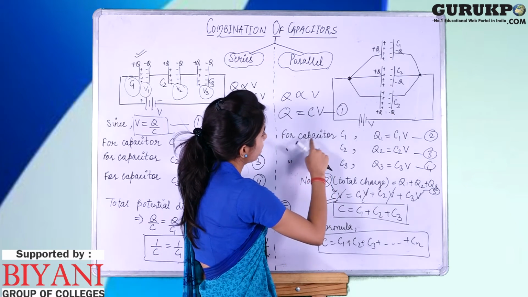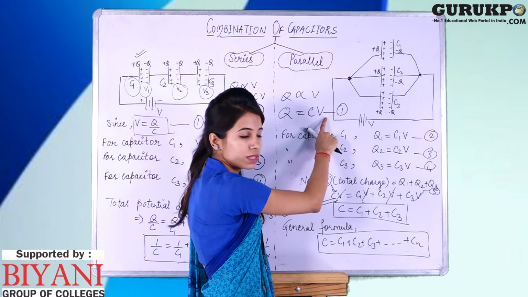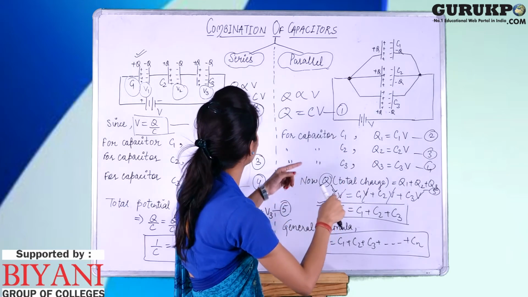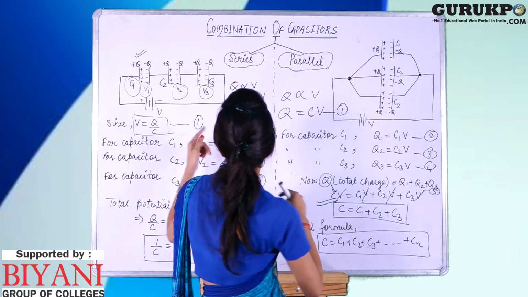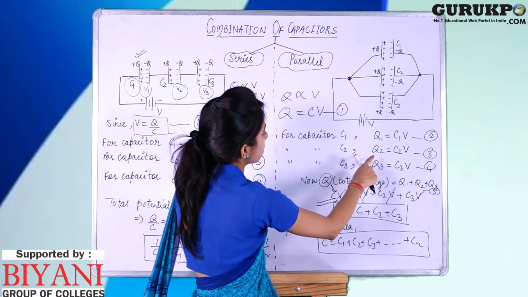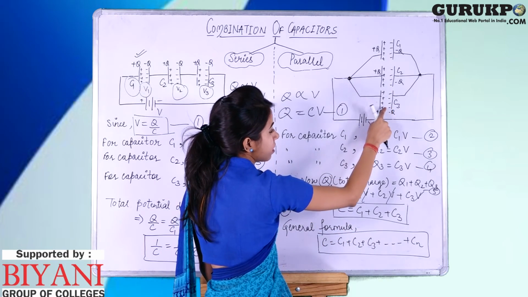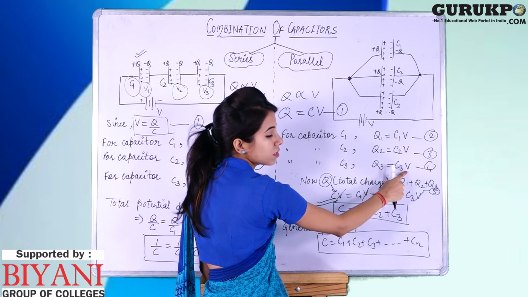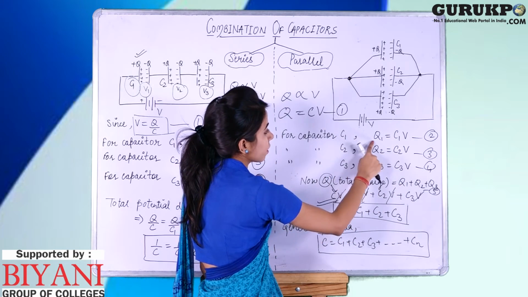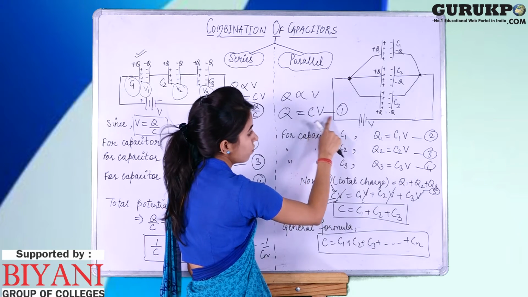Now we know that Q is equal to CV. In the series case, Q was the same in all the 3 capacitors. Now in this case Q will be different in all the 3 capacitors and V will be the same in all the 3 cases. So for capacitor C1, Q1 is equal to C1V.